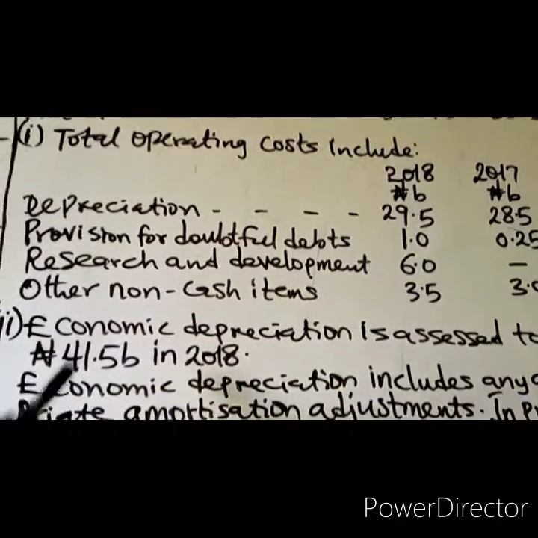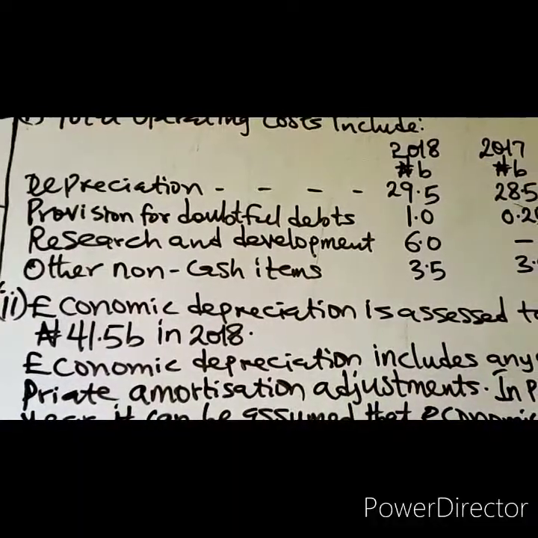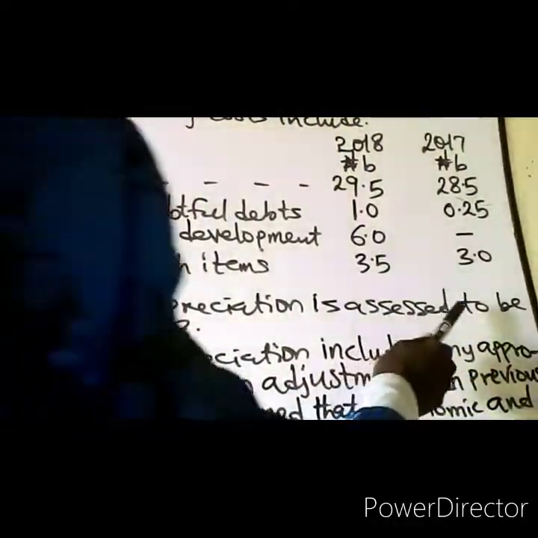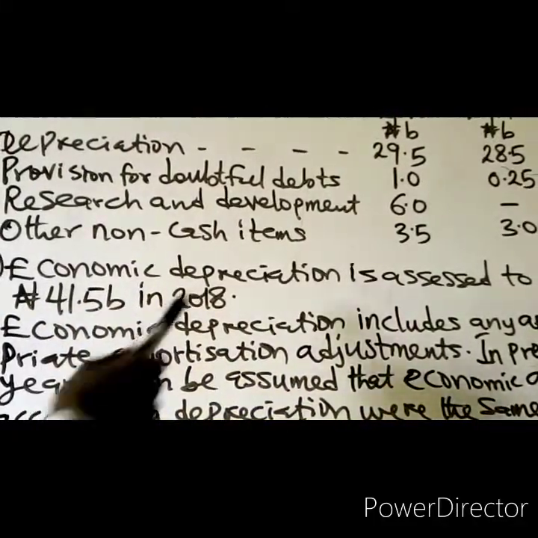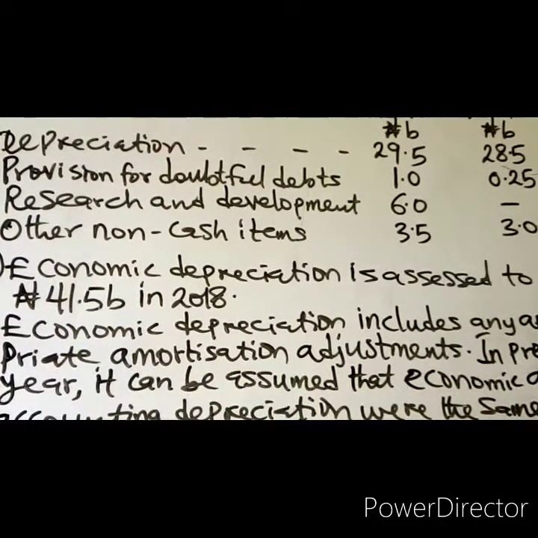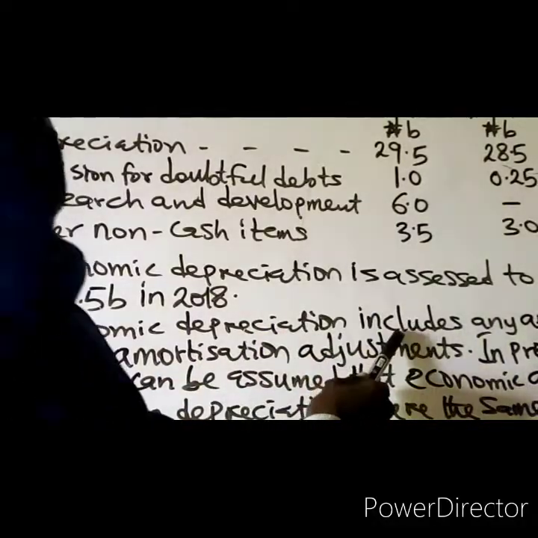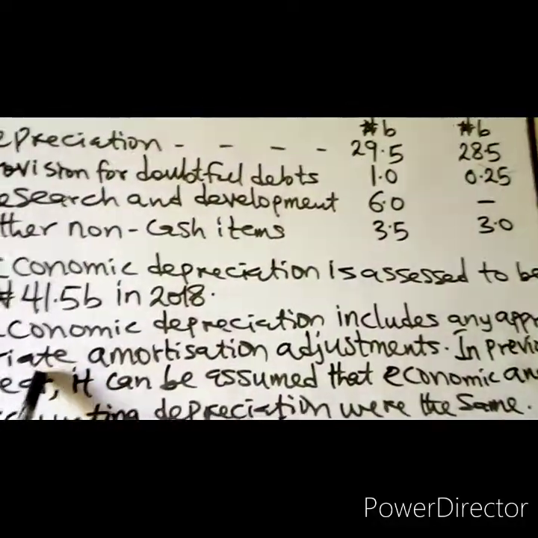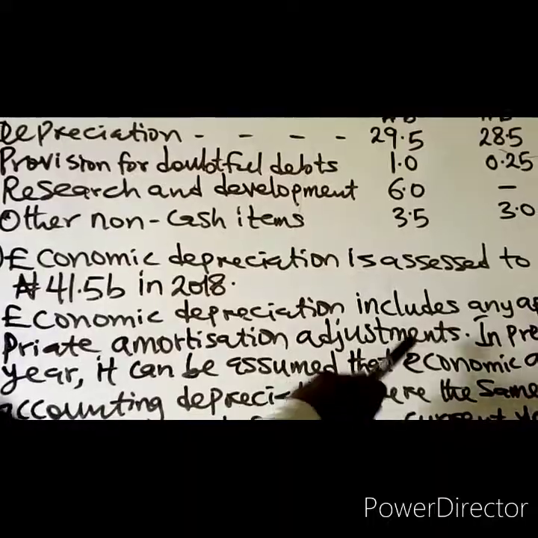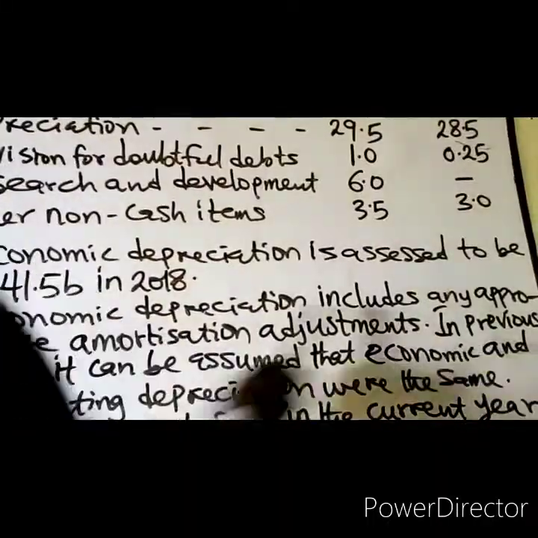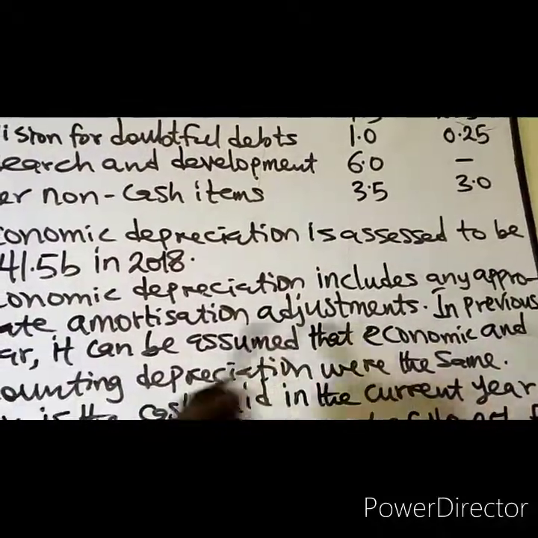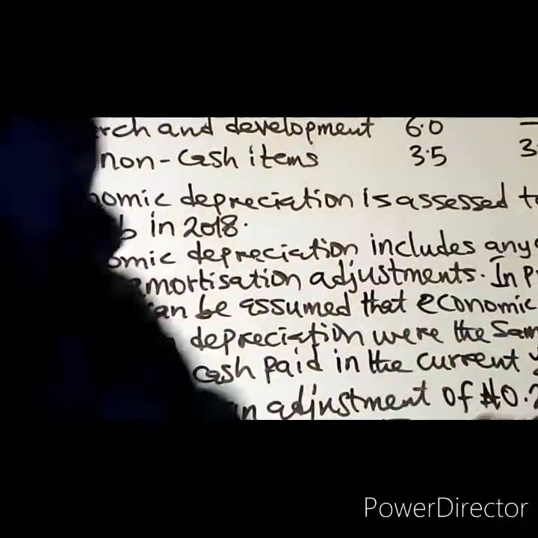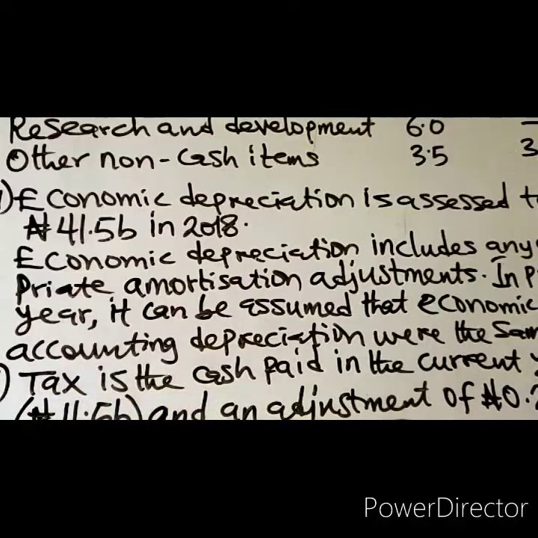2. Economic depreciation is assessed to be 41.5 billion naira in 2018. Economic depreciation includes any appropriate amortization adjustments. In previous year, it can be assumed that economic and accounting depreciation were the same. 3.